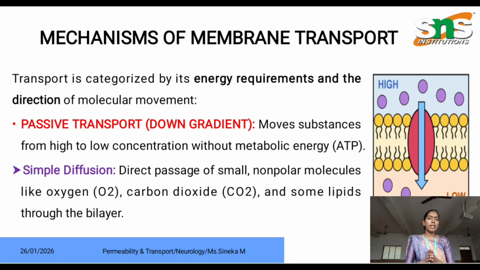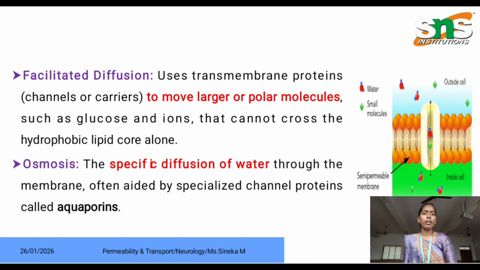In passive transport, the first one is simple diffusion. Direct passage of small nonpolar molecules like oxygen and carbon dioxide will easily go through the cells, and also some lipids through the bilayer. Next is facilitated diffusion, which uses transmembrane proteins such as channels or carriers to move larger molecules or polar molecules.